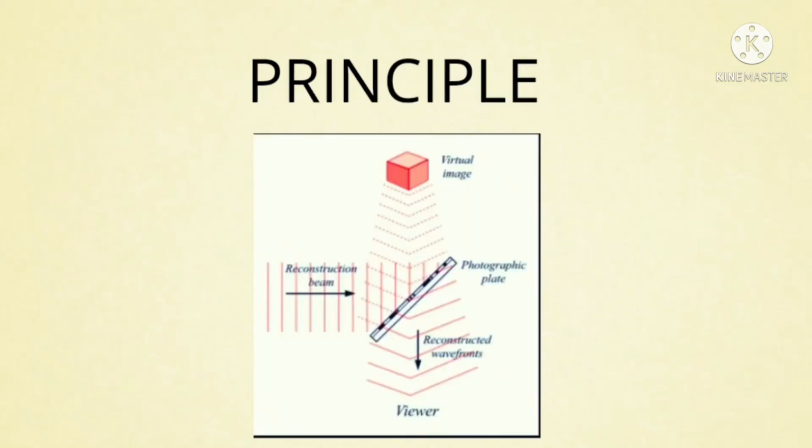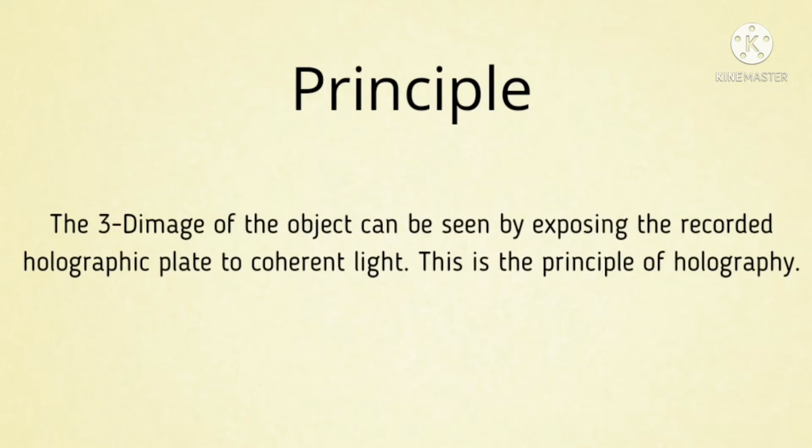In the holographic plate, both the beams combine and an interference pattern is formed. This interference pattern is recorded on the holographic plate. The three-dimensional image of the object can be seen by exposing the recorded holographic plate to coherent light.